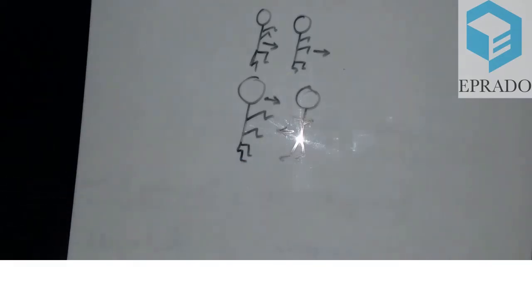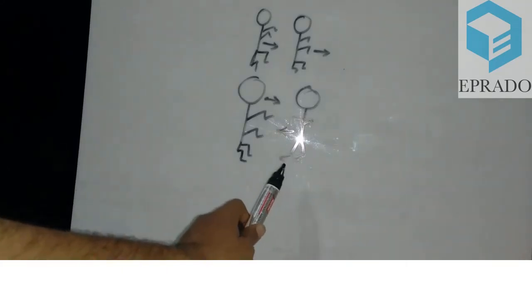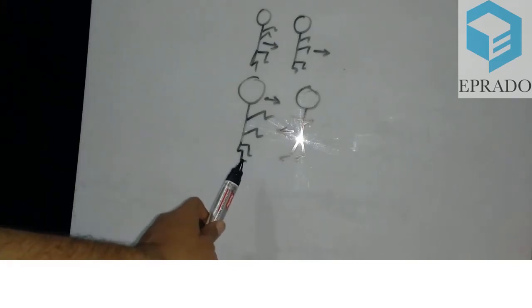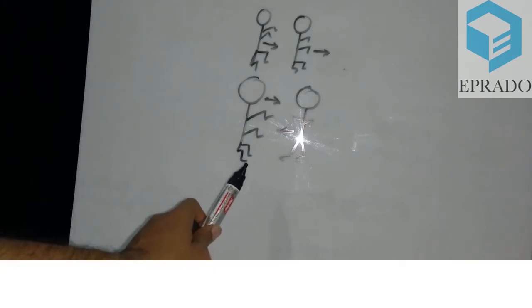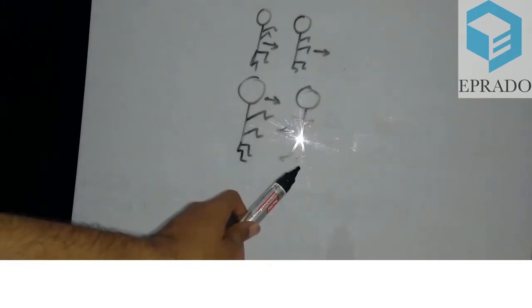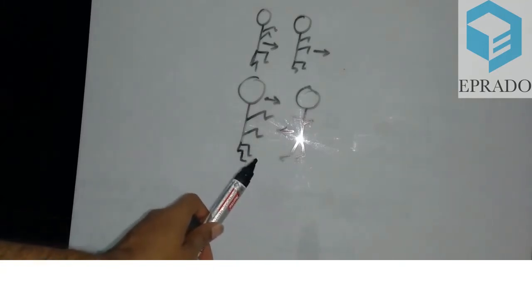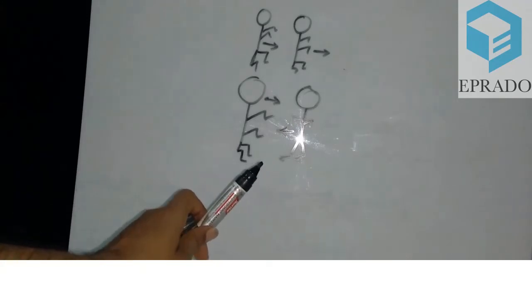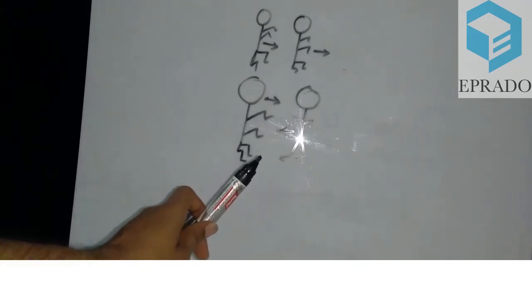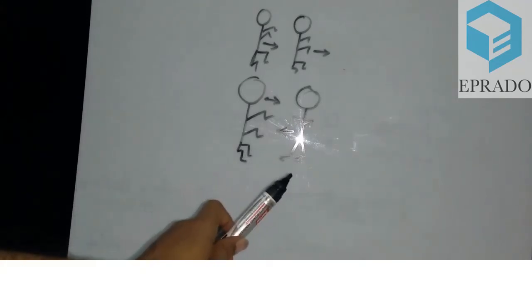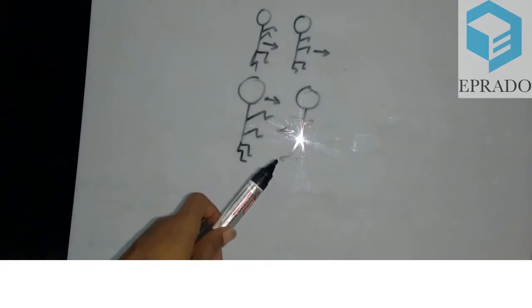So if you consider your friend as an electron, then you will be the flow of current because they act in opposite directions. You can feel the current in the direction opposite to the direction of flow of electrons.